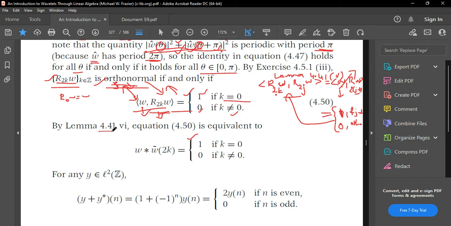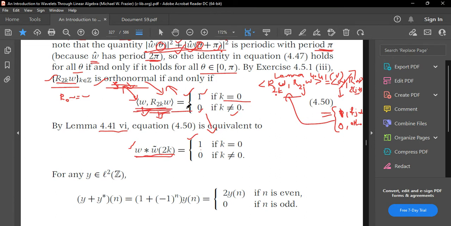Now from lemma 4.416 we have this inner product is equal to W star W tilde of 2K. So the right hand side also follows, then we will get this. Assume conversely, we can prove that if this is true, then this W star W tilde of 2K can be written as this inner product.